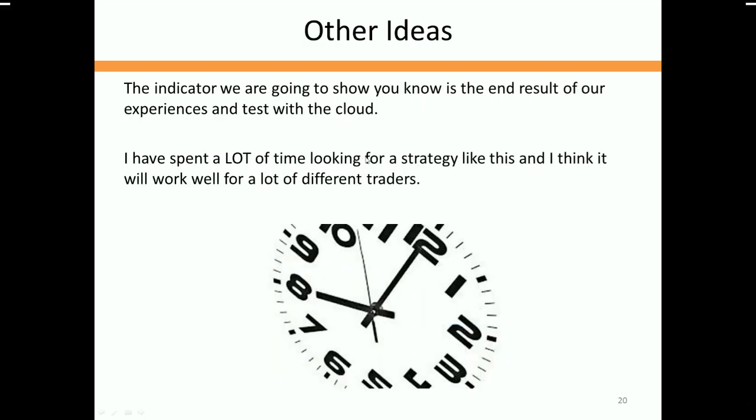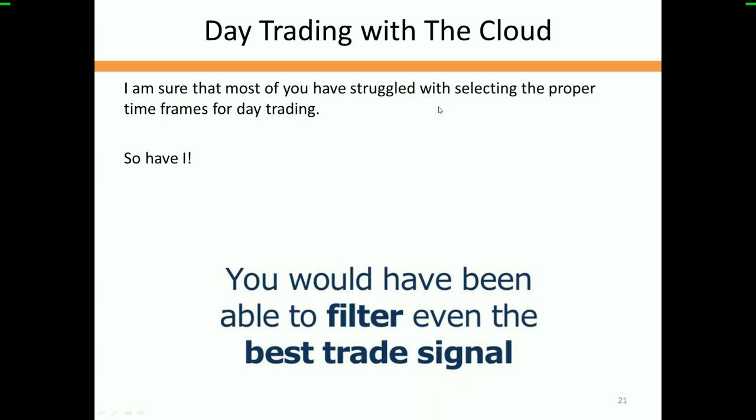The indicator we're going to show you has been the results. I have personally spent probably $5,000 in terms of looking at historical data, plus combining that with my time, energy, and effort, plus how much it costs to build the indicator out. I'm sure most of you guys have struggled with proper time frames for day trading.